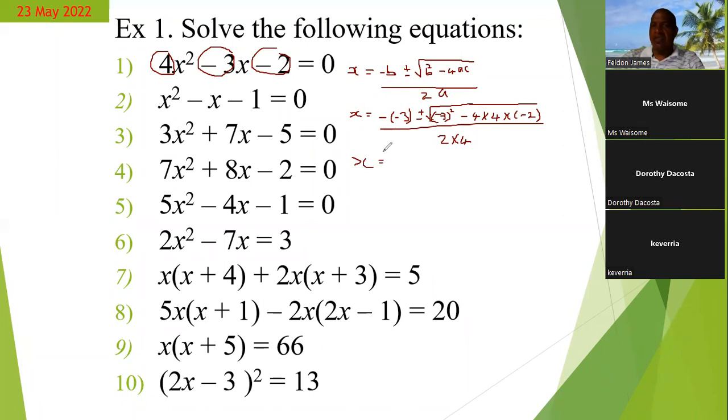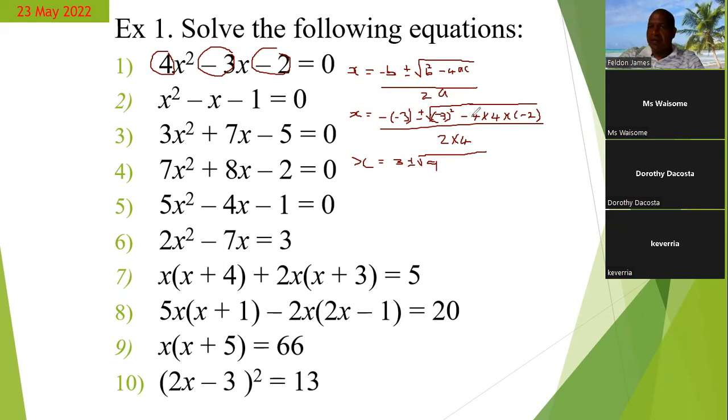Actually, you can use the negative times negative 3, which gives you a positive 3 here. Now, under the root sign, we would have negative 3 squared. When you square a negative number, you get a positive number, so that's positive 9. Now, notice that you have a negative 4 and you have a negative 2 in this.